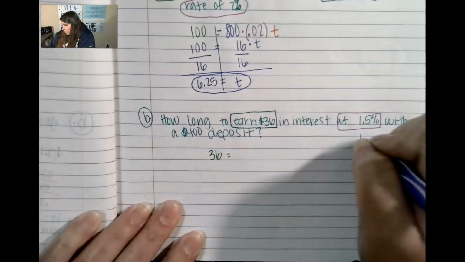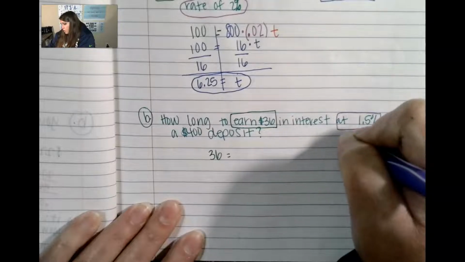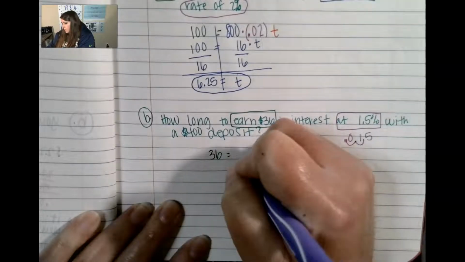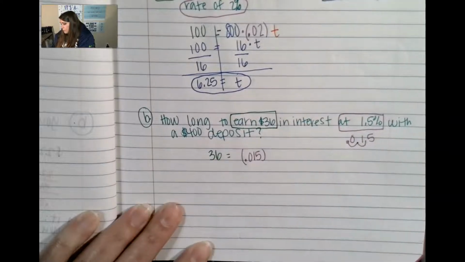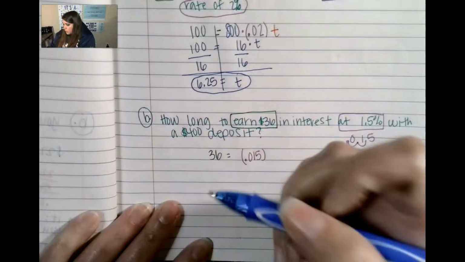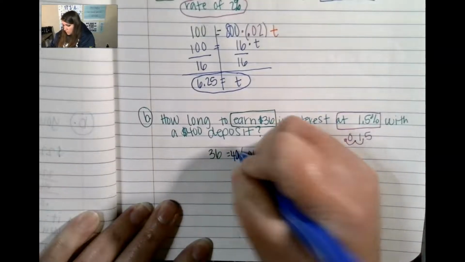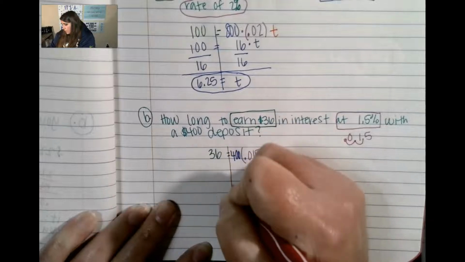So if we have 1.5, we're going to move our decimal 1, 2, and get 0.015. That is our rate. And then our deposit of $400. And we're still solving for how long or the time.